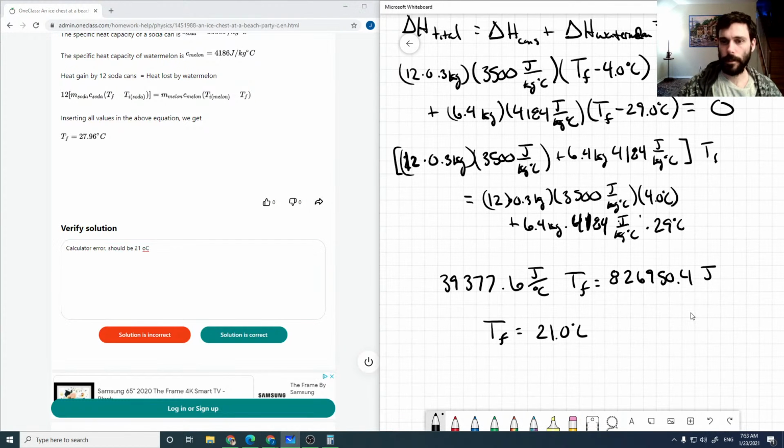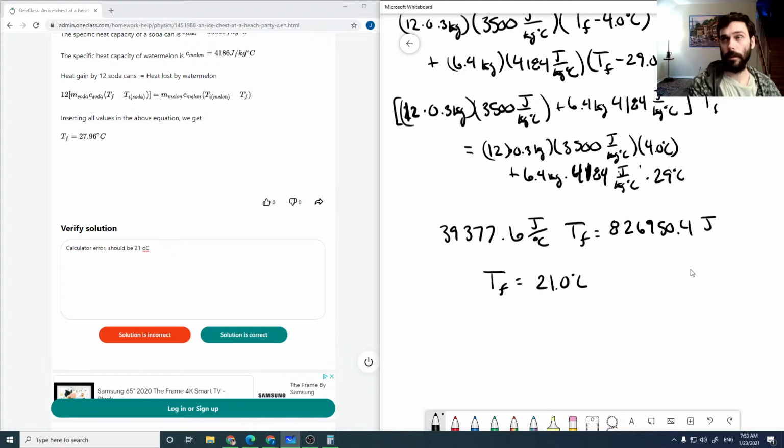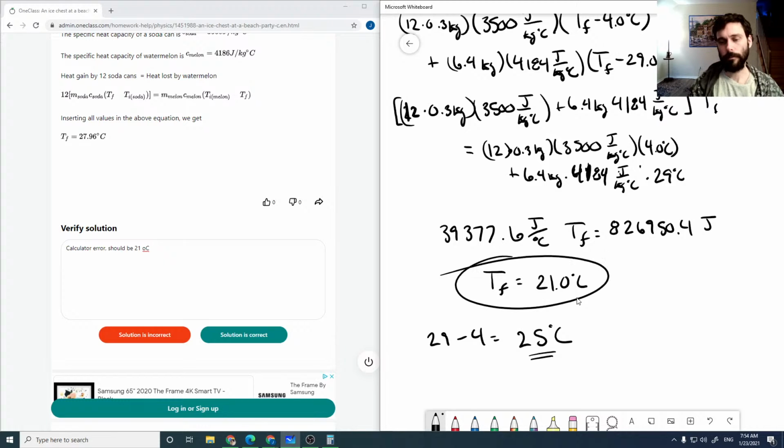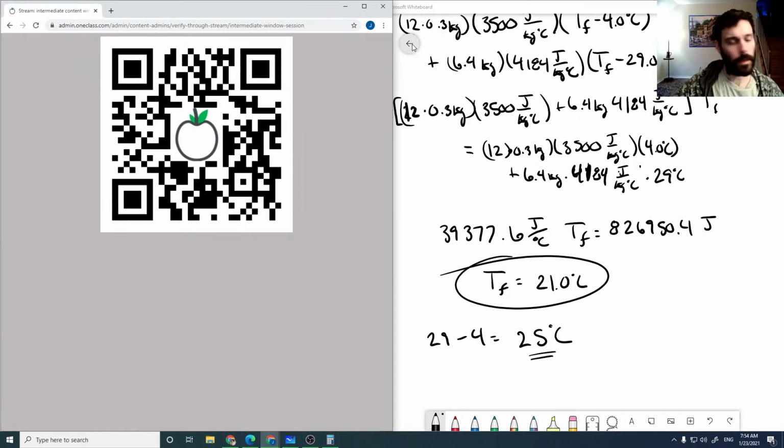Because 29 minus 4 is 25 degrees Celsius, I would expect it to be a bit closer to the 29, but probably close to like 2/5 the temperature difference probably. So at least a temperature drop of about 10, which is what we found. So I assume I did it correctly, and that this person made an error.